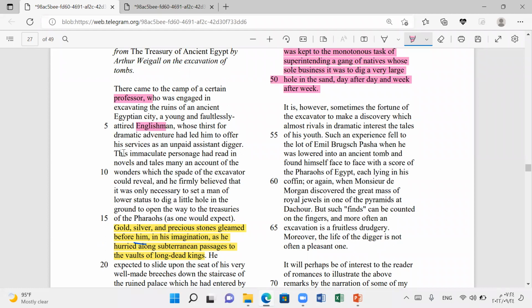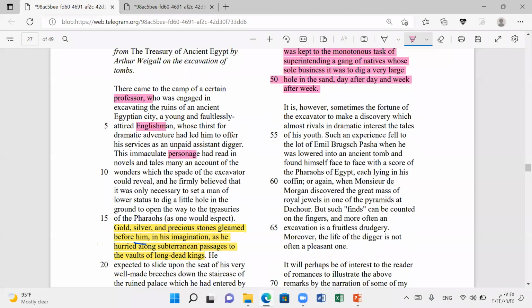"This immaculate personage," so he is a person, personage referring to his person or personality, "had read in novels and tales many an account of the wonders which the spade of the excavator could reveal, and he firmly believed that it was only necessary to set a man of lower status to dig a little hole in the ground to open the way to the treasuries of the pharaohs."